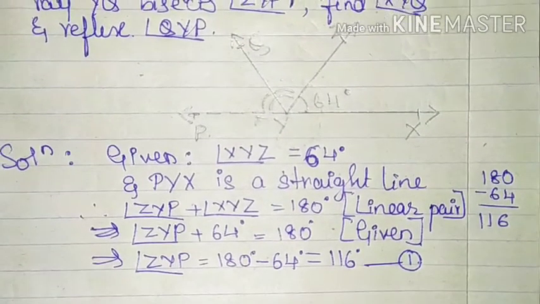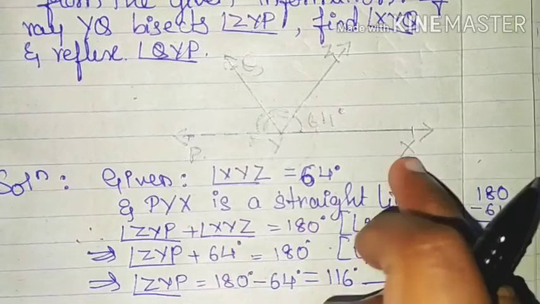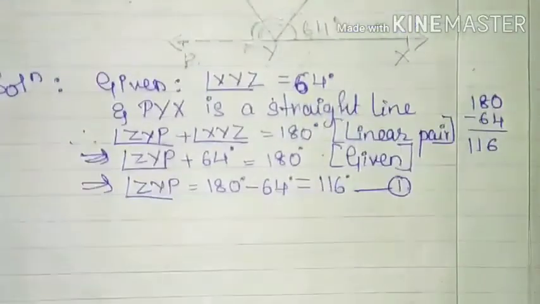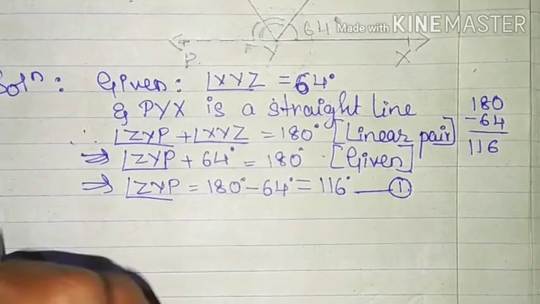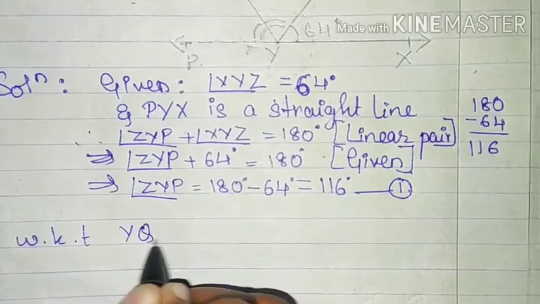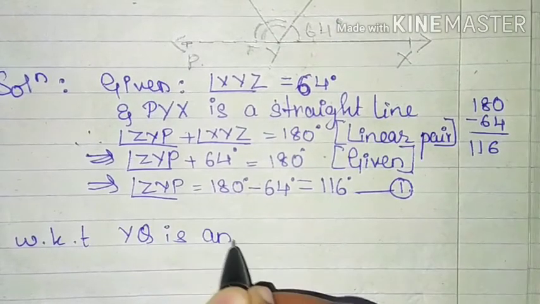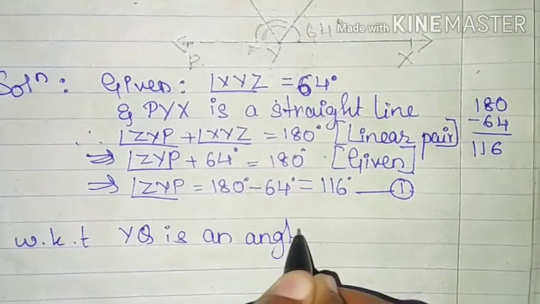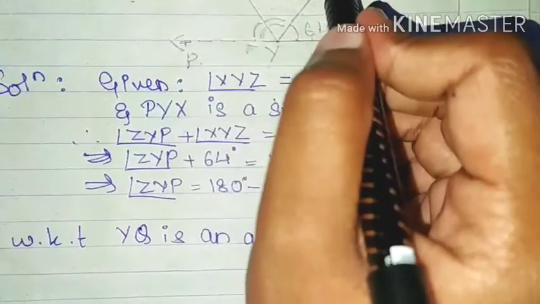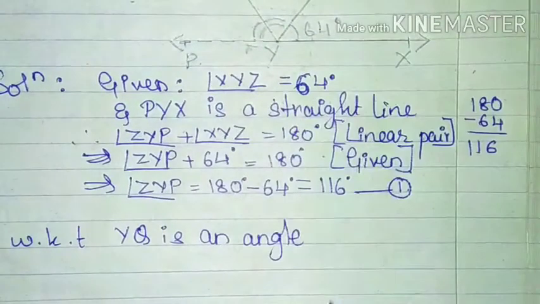We are supposed to find angle XYQ from this information first. We also know that YQ is an angle bisector, because they have told us that YQ divides the angle ZYP into two equal parts.